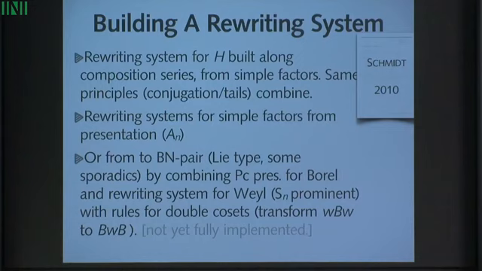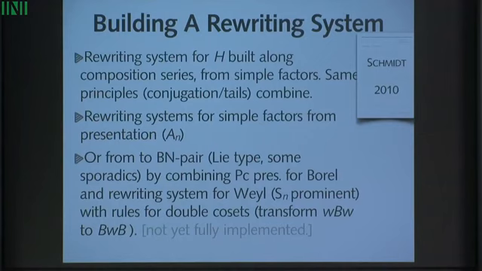So what do we do with the simple groups? A_n is easy. If the group has a BN pair, as groups of Lie type do, and for some sporadics, we can basically find subgroups which look very close to a BN pair.